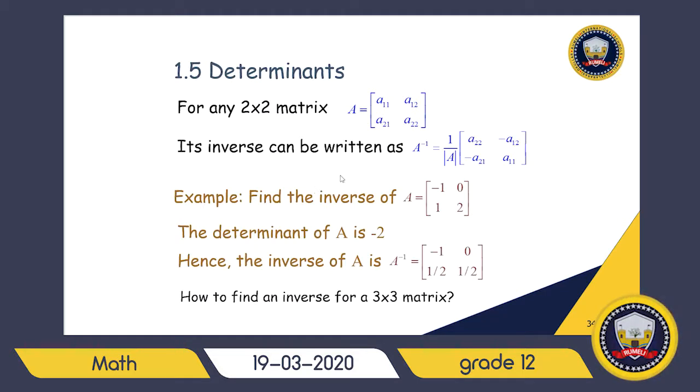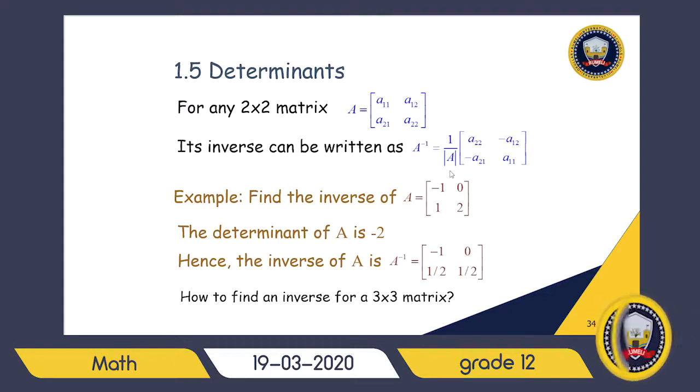And we said if we want to find the inverse of a 2 by 2 matrix, we can define A negative 1 equals 1 over the determinant of A multiplied by this matrix. This matrix is defined by just switching the diagonal elements and multiplying the other elements by negative 1.